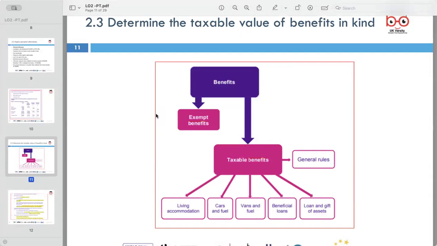Examples of exempt benefits include certain types of child care assistance, certain work-related training, and some types of welfare counseling services. So these are benefits provided by employers to employees that are subject to taxation. Examples of taxable benefits include company cars and fuel provided for personal use, living accommodations provided by the employer, and certain types of beneficial loan.